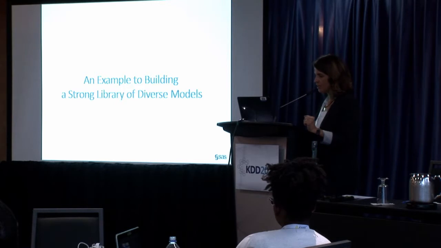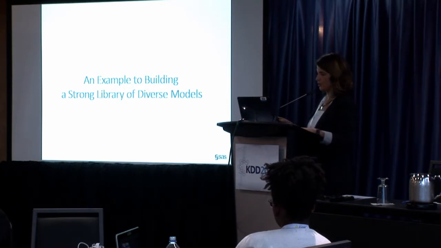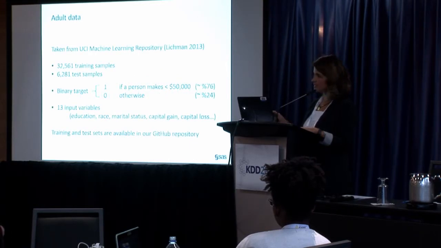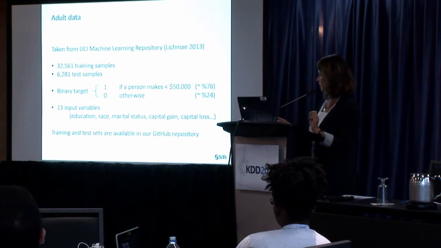Next, I would like to show you an example of building a strong library of diverse models and how we fit a 3-level stack ensemble model. For this, I used one of those UCI repository data sets. I had a binary target and 13 variables, a mix of nominal and interval variables.